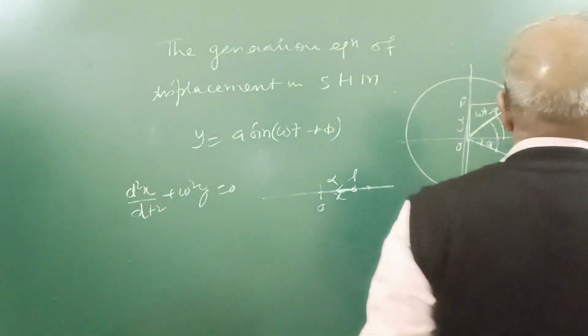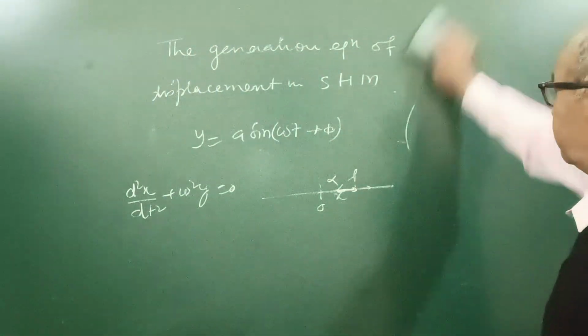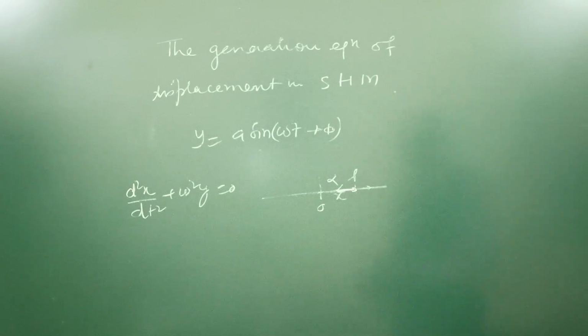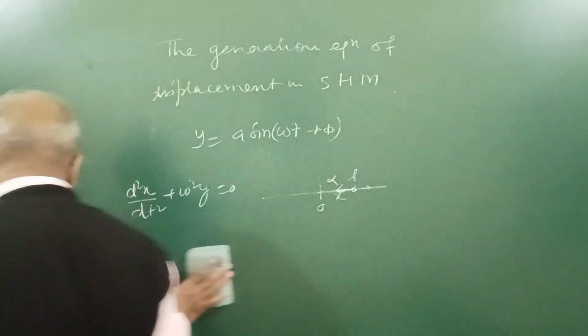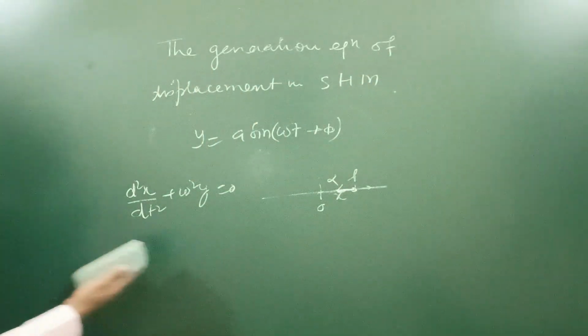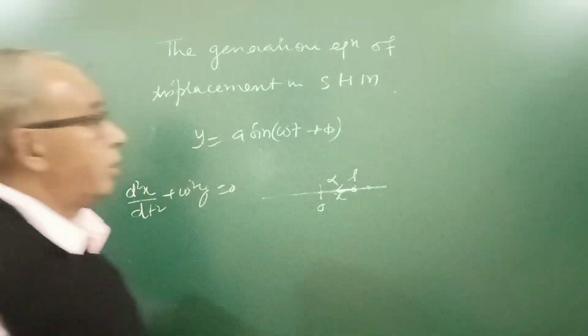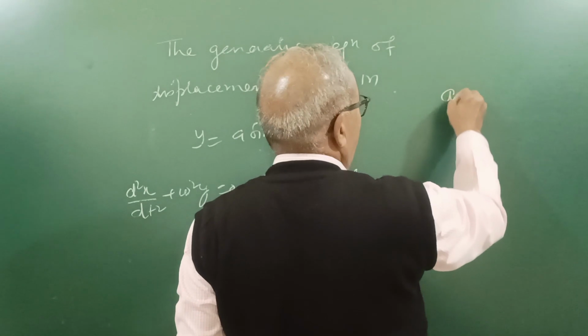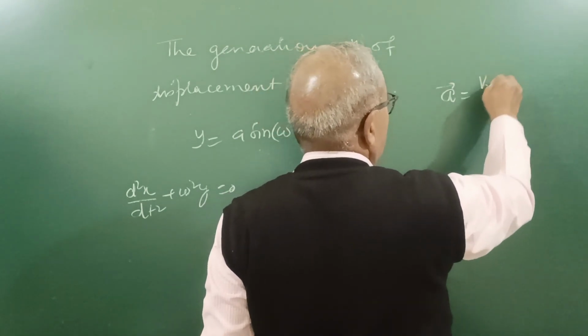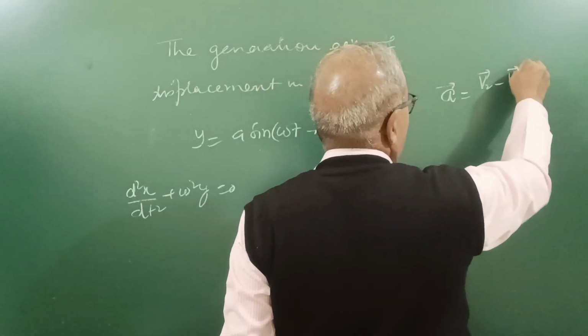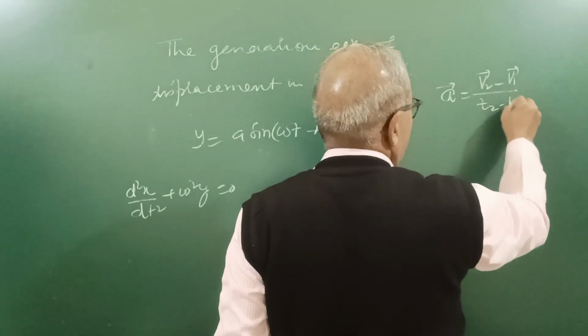Acceleration definition is change in velocity per unit time. It is different from velocity. It is increase in velocity per unit time. And in vector form we write this as v2 minus v1 upon t2 minus t1.